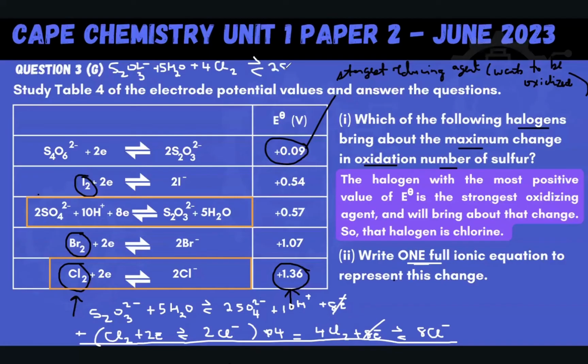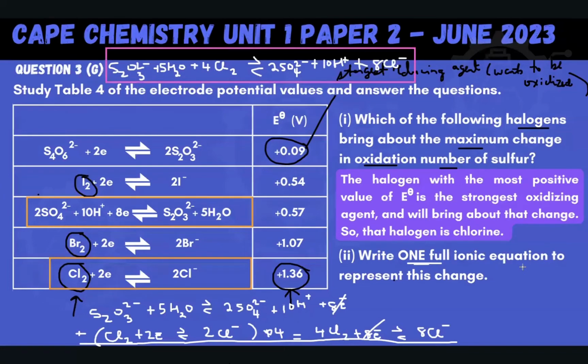So I'm going to write them back. 2SO4 2 minus, plus 10H plus, and then the 8 chloride ions. All right, and so this is my final answer for the full ionic equation. So let me just box that. This is my answer for the full ionic equation.